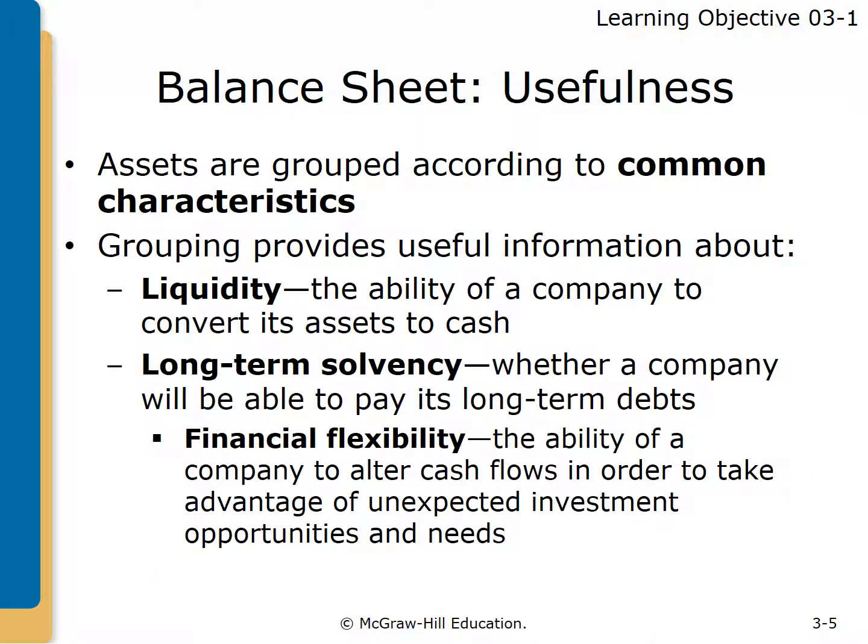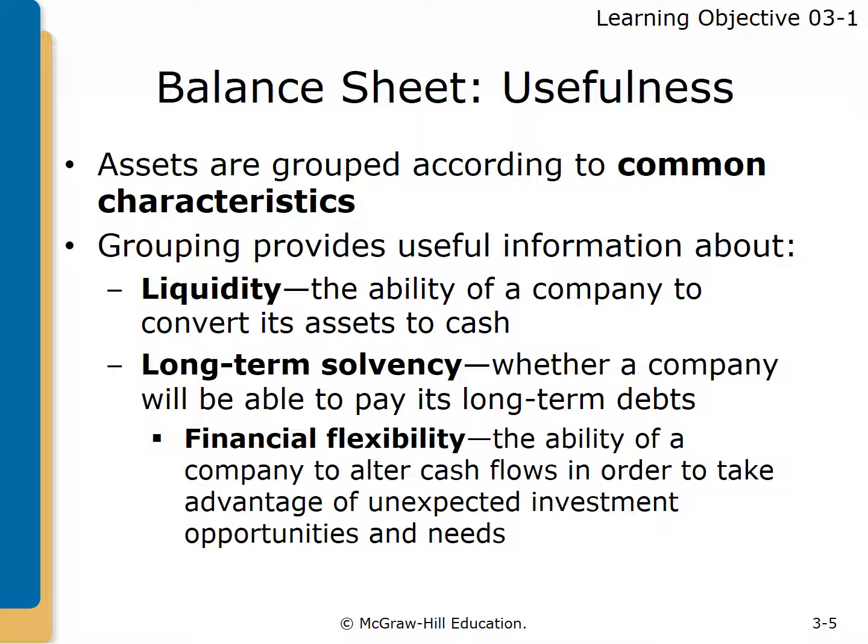Now, assets are grouped according to common characteristics. So the grouping provides information about the liquidity, the ability of a company to convert its assets to cash, and also long-term solvency, whether a company will be able to pay its long-term debts, as well as financial flexibility, the ability of a company to alter cash flows in order to take advantage of unexpected investment opportunities or needs.